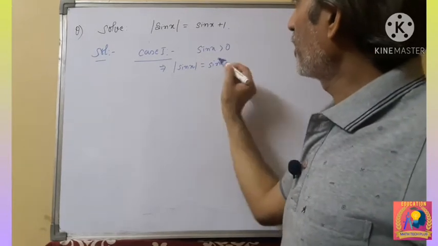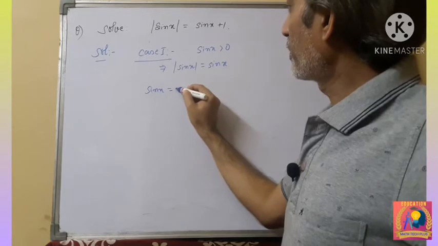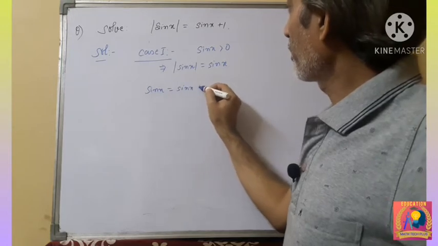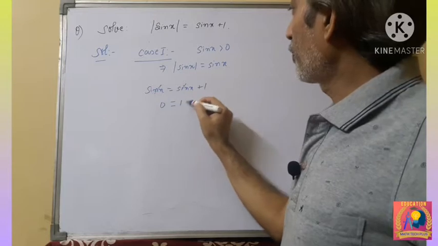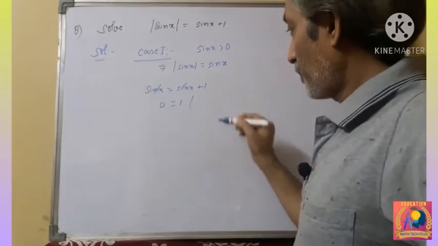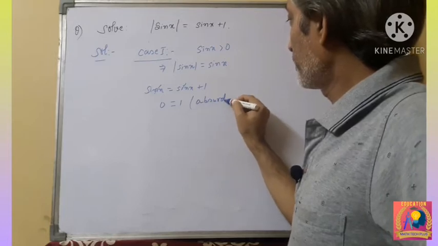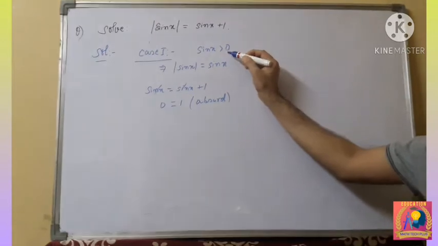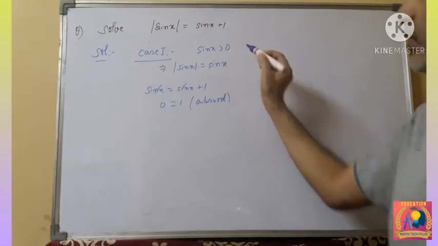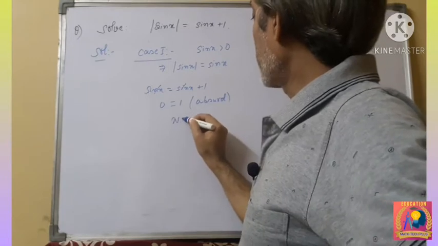Now with the help of this, solve it. So we are getting 0 equal to 1, which is not possible, absurd. Therefore when sin x is more than 0, no solution exists. In case 1, no solution exists.